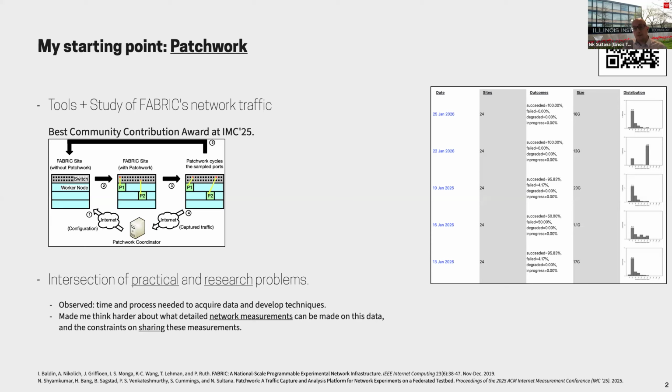Another aspect was the difficulty around what it is that you can share with third parties, with the rest of the research community, because we obviously want to make sure that access to this data is being respected and managed duly.